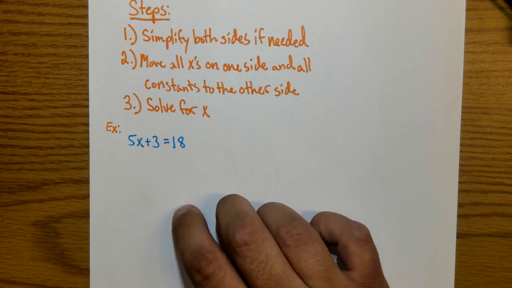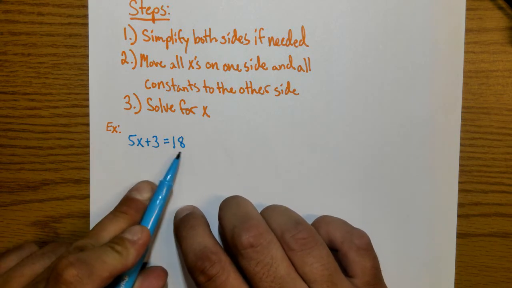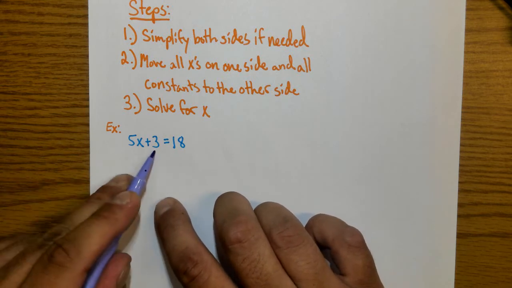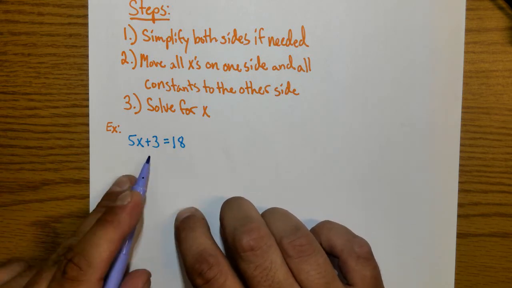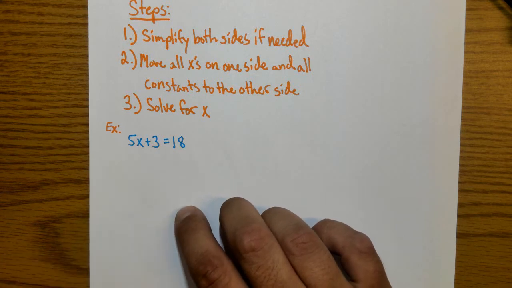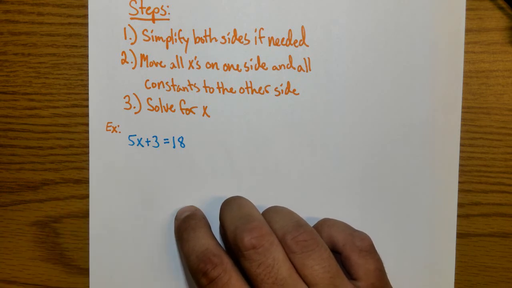Step 2, move all x's on one side and all constants to the other. Well, we only have one x, and we have a constant here and a constant here. So what we're going to want to do is move this 3 over. So remember how we move numbers over when we're working with equations? We want to do the opposite operation. So here we have a plus 3, so the opposite operation of plus 3 is going to be minus 3.